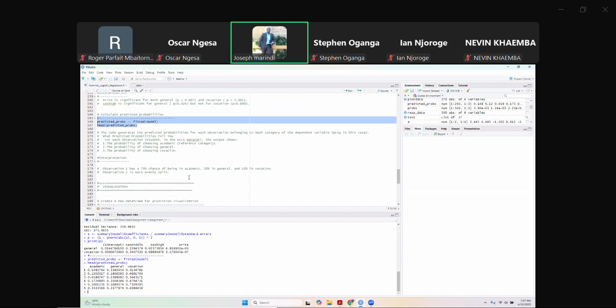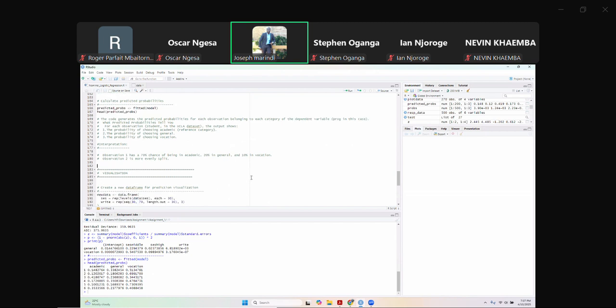What we can interpret from the result is that observation 1 has a 70% chance of being in academic, and then 20% in general, and also 10% in vocation. And then observation 2 is more evenly spread.